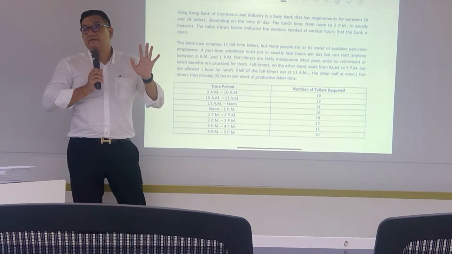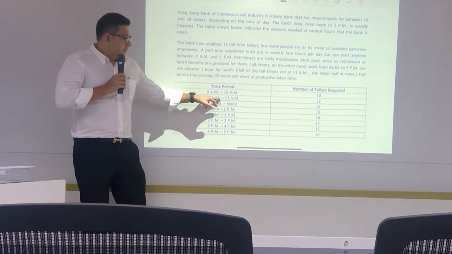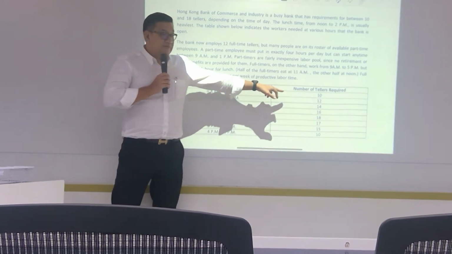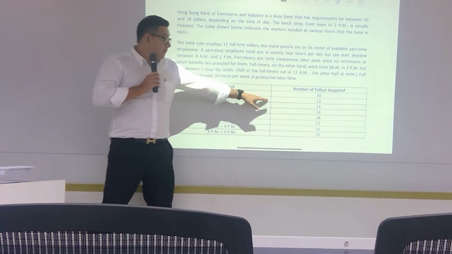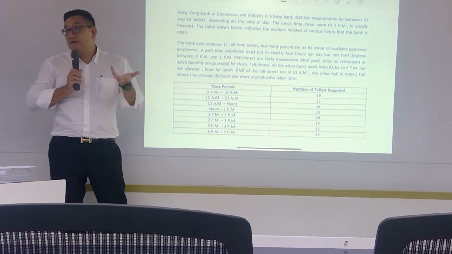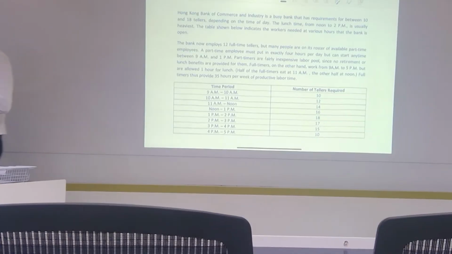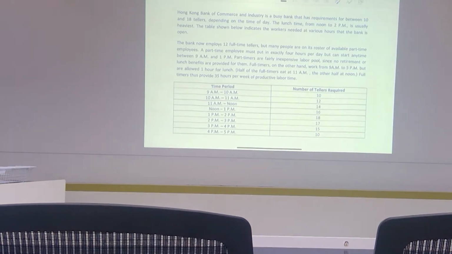The second time period is 1 hour as well, from 10 to 11. We need 12 tellers. So in total, for the second time period, we need 12 hours, right? So this is what it means, the total requirement for each day. Quite clear now. Each time period is 1 hour, we just multiply with the number of tellers. Then we have the total hours required for each day.